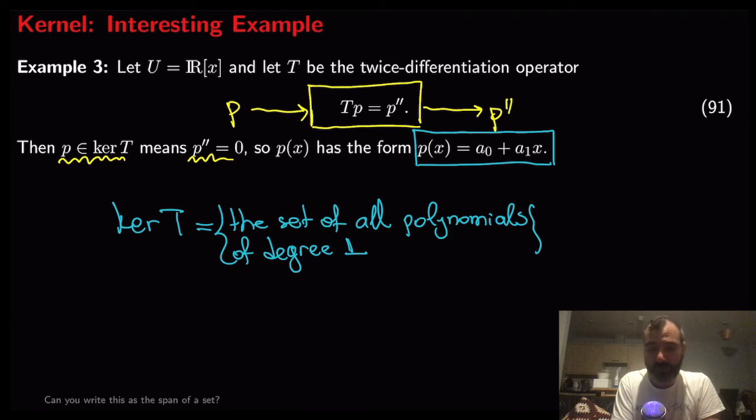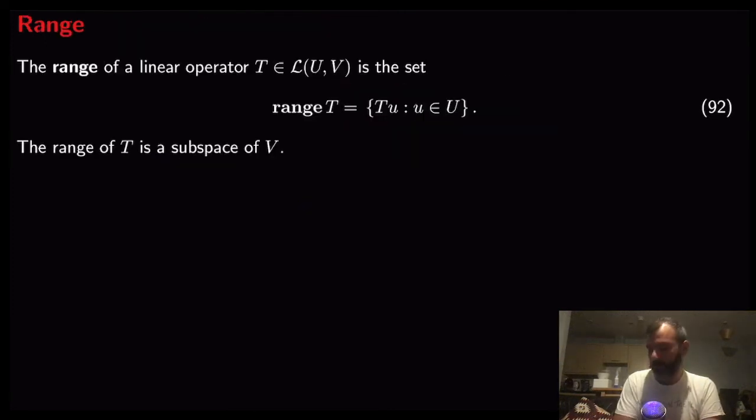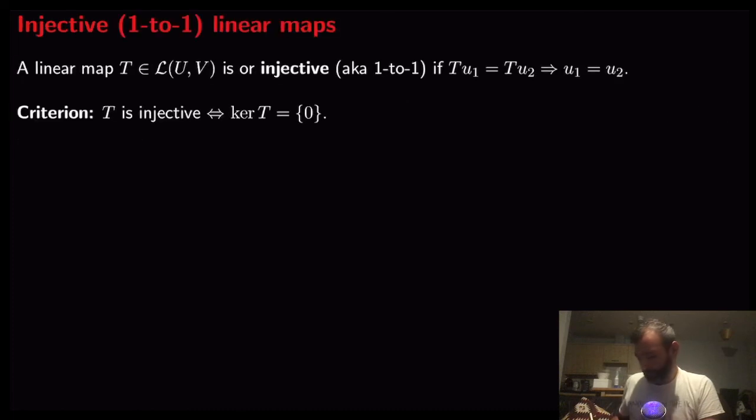Okay, it is not very mathematical, but I mainly want to give you a feeling of how things work here, and then you can check the handout where things are written more rigorously. So it is this set. And I have a little question here in the footnote. Can you write this as the span of a set? Think about it.